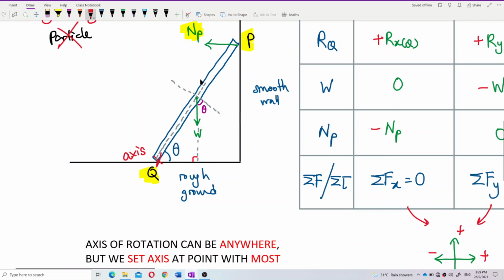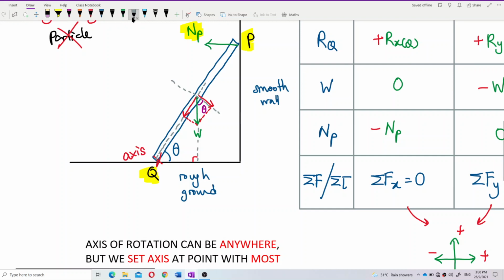So this weight has a parallel component, and it also has a perpendicular component. First of all, look at here. This angle theta, and this is the distance r.